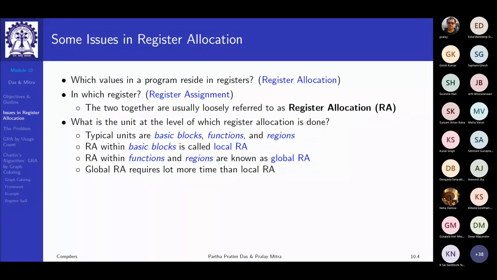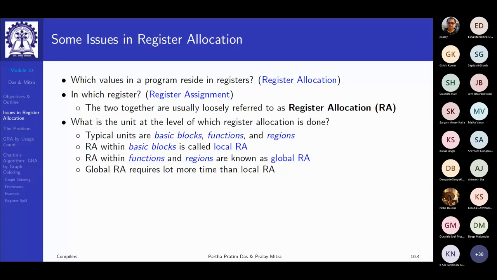So the bigger the unit you take, naturally, the optimizations you get in terms of register allocation will be better because you are getting to know more. At the same time, it will be more complex to solve the problem because you have more possibilities and variabilities, right? But naturally, register allocation in regions will also be called global register allocation.